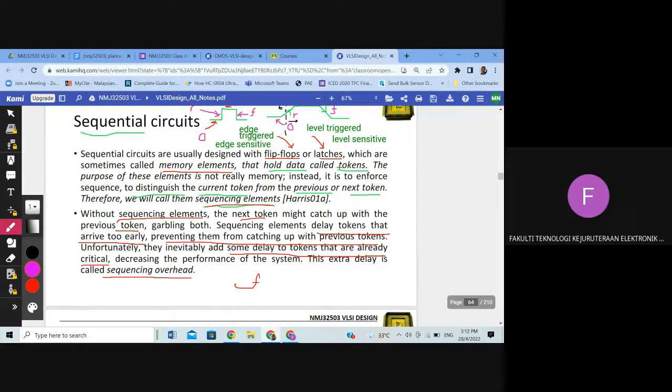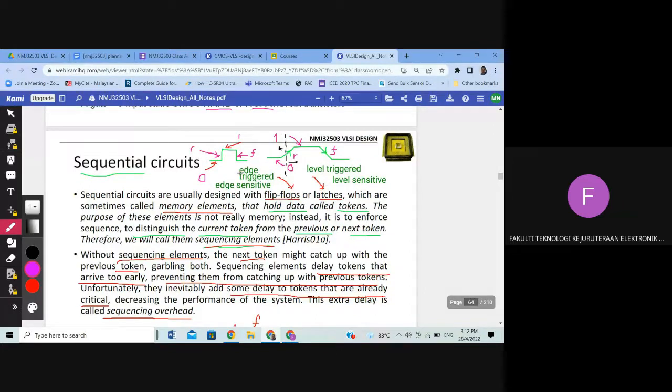The difference is edge sensitive or level sensitive design. If it is edge sensitive, it is a flip-flop. If it is level sensitive, it is a latch. These two we call memory elements.